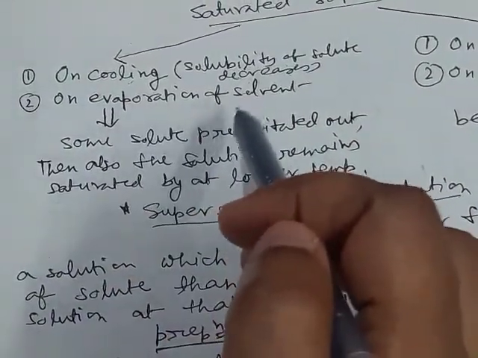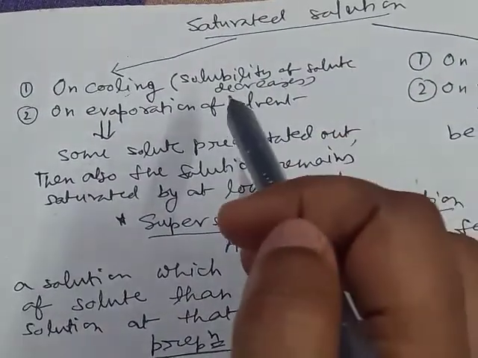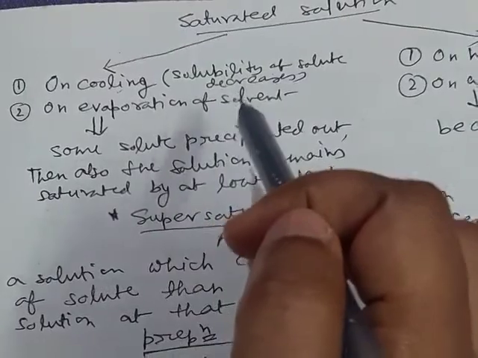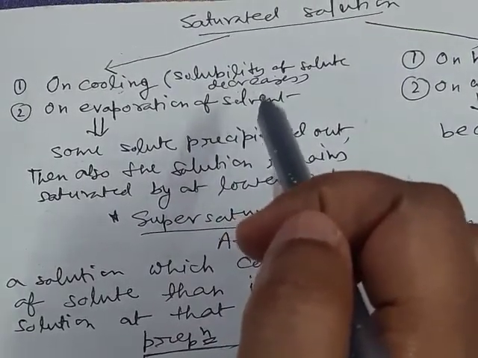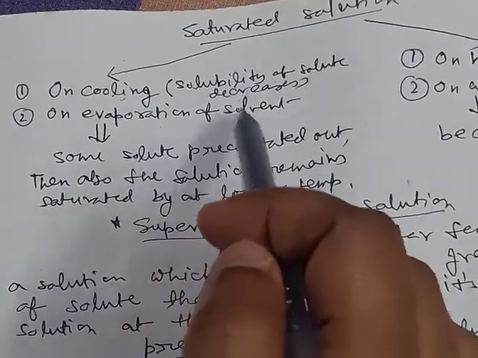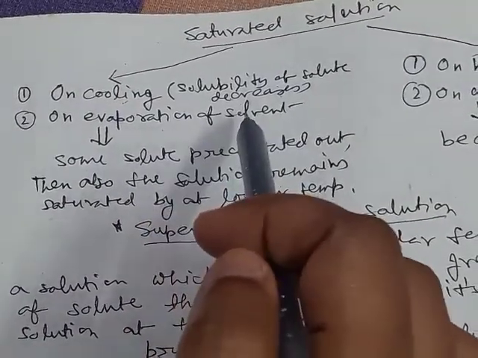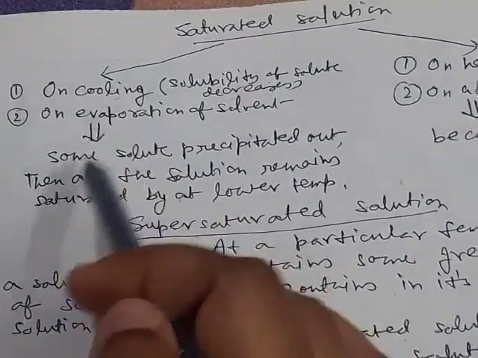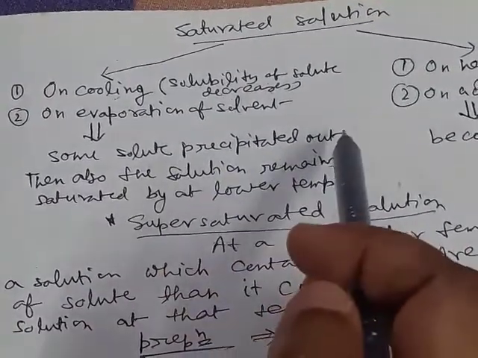Similarly, on evaporation of solvent, if the saturated solution is kept undisturbed with the mouth of the container open for some days, then some solvent will evaporate, so some solute will be precipitated out. So in both cases, some solute will be precipitated out.